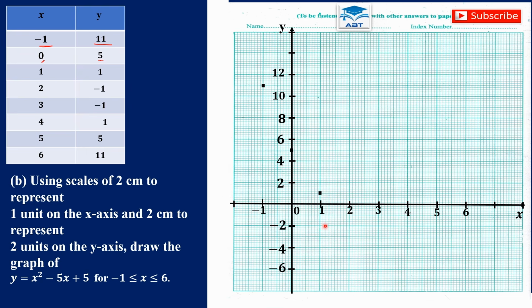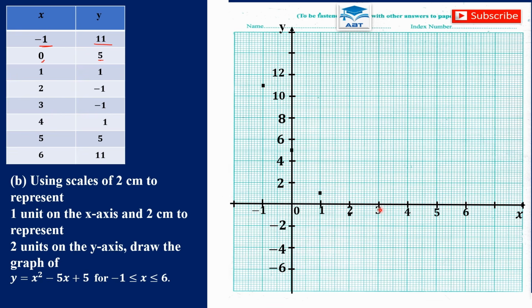The next one, when x is 2, y is -1. So this is 2 on the x-axis, and -1 on the y-axis will be at the middle of 0 and -2, which is here. So they will meet here. When x is 3, y is -1.